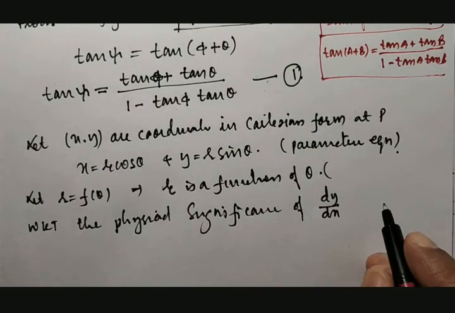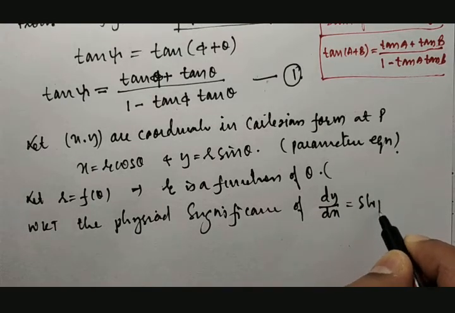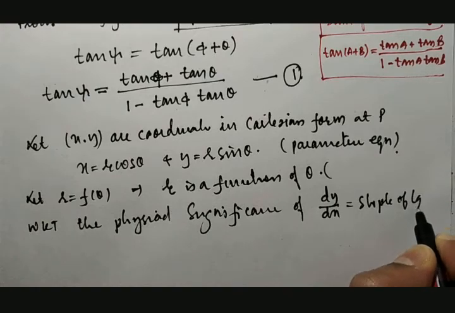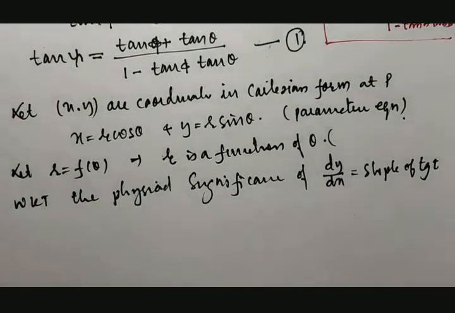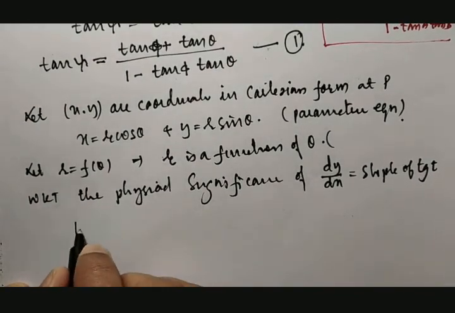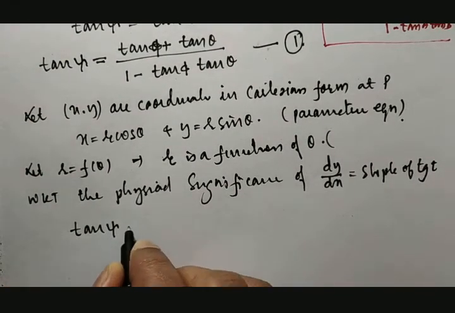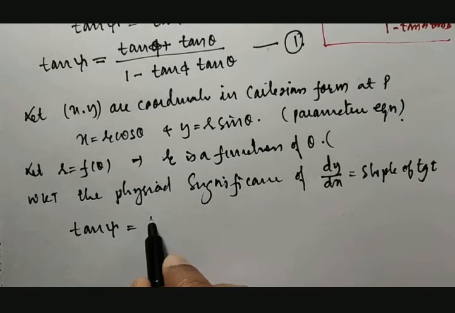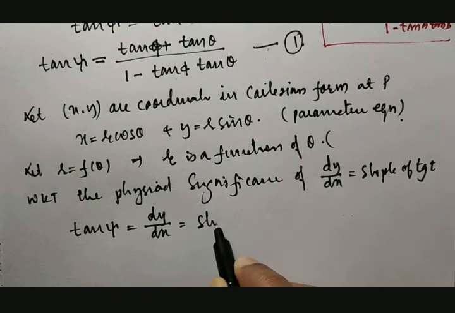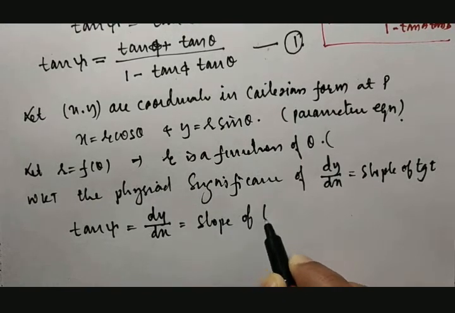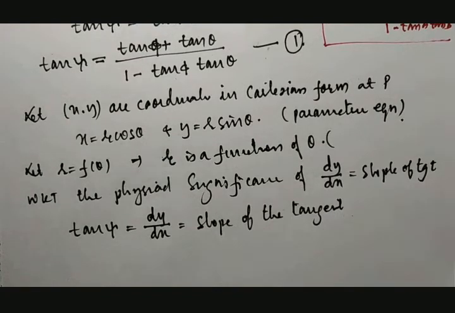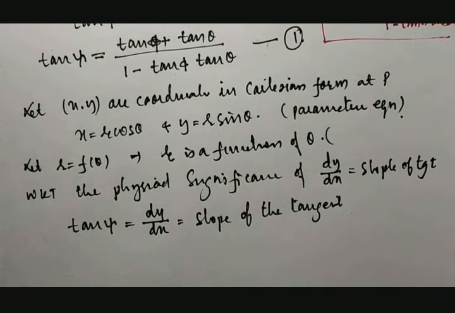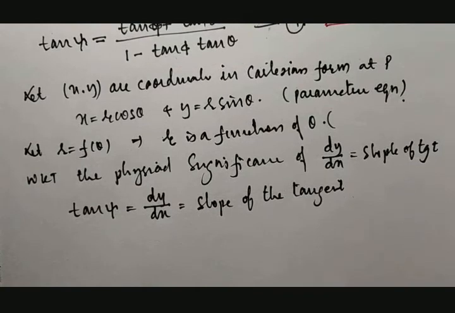Physical significance of dy by dx is equal to slope of tangent. Therefore, in this case, usually the slope of the tangent will be taken as tan psi, which is nothing but dy by dx, the slope of the tangent.